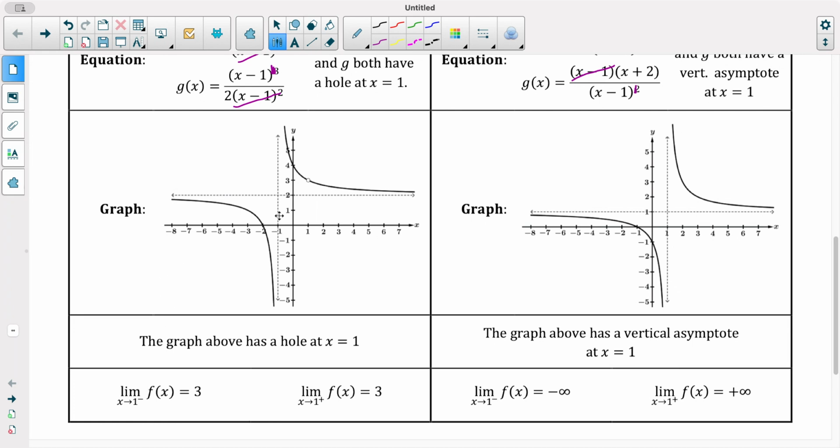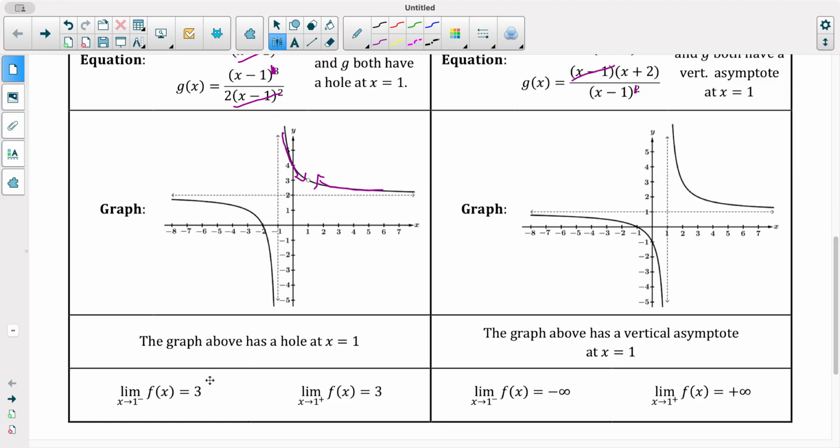Okay, so the limit of the function as it approaches 1 from the left. Okay, so 1 from the left is coming basically here because of the asymptote. 1 from the left, it's approaching 3, right? And then coming from the right, it's also approaching 3. But here's the thing. That means that the limit actually exists, right?